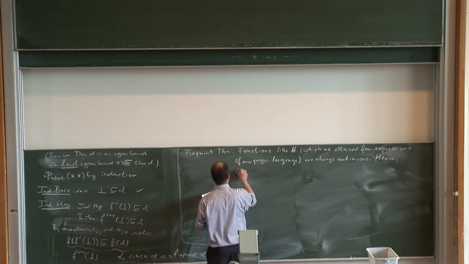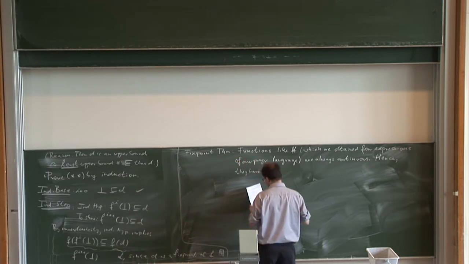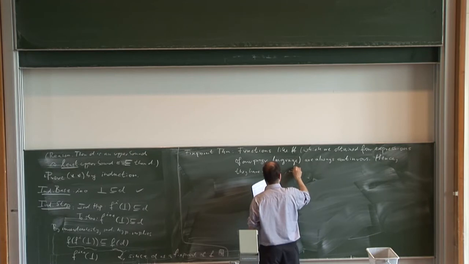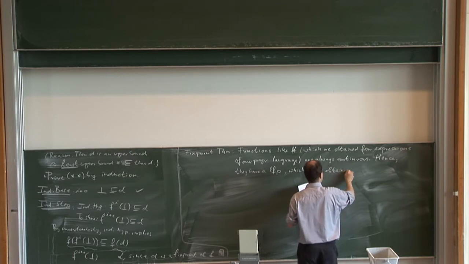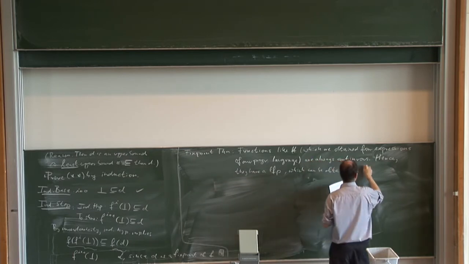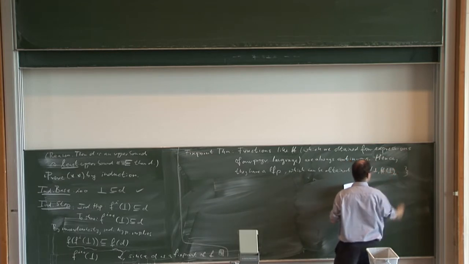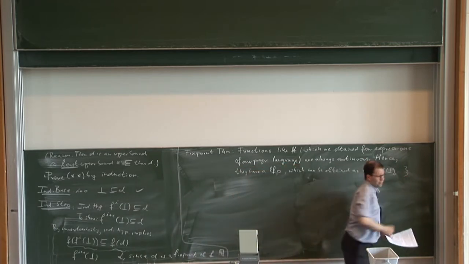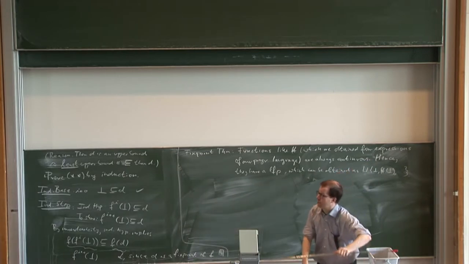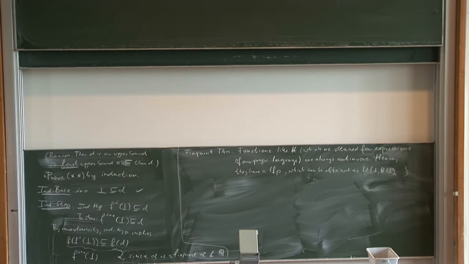Hence, they have a least fixed point which can be obtained as the least upper bound of bottom, f bottom, and so on. And this means if we have a recursively defined function like fact, then we can understand this definition like an equation which is a constraint for the semantics of fact.